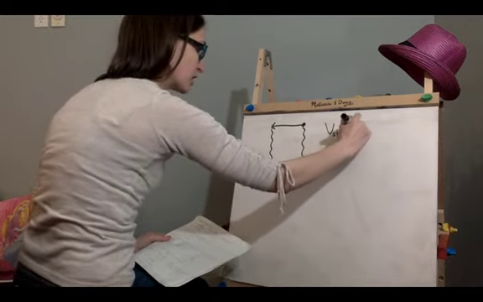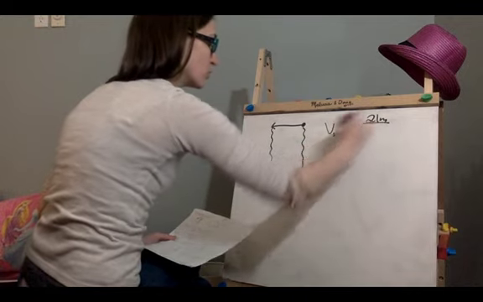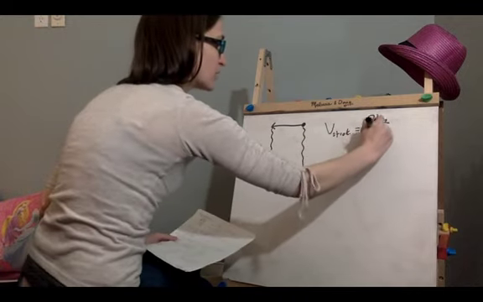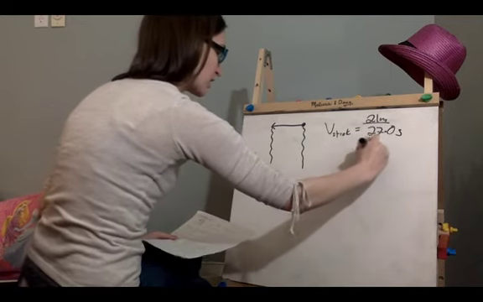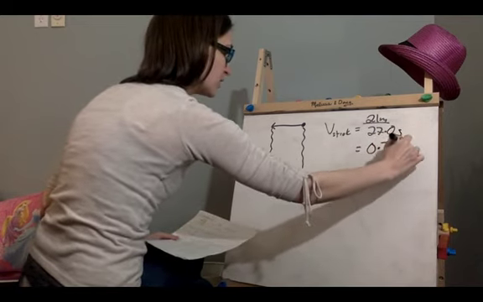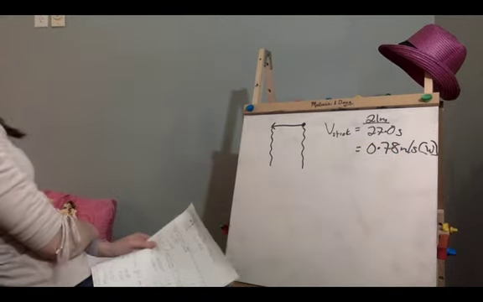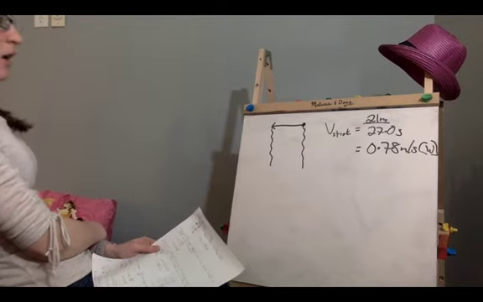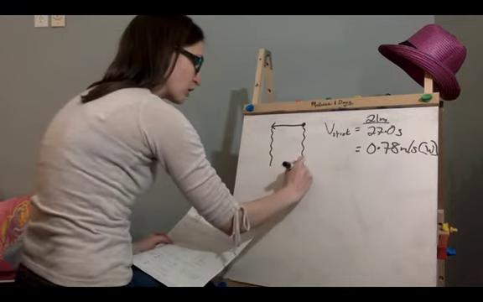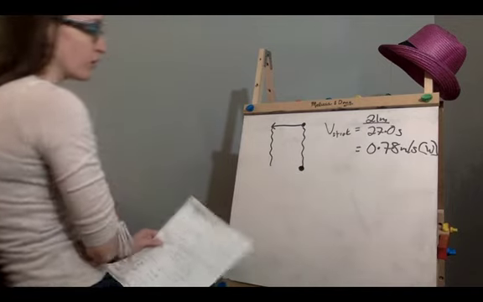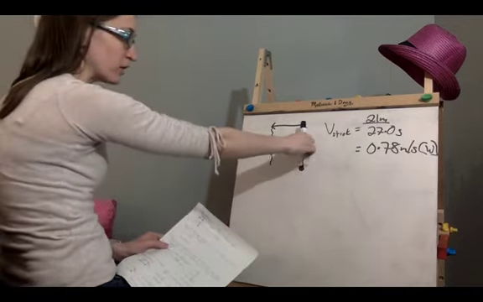Our stick travels 21 meters west in 27 seconds, so the velocity of our stick is 0.78 meters per second in a west direction. Now if our swimmer is here and is trying to cross the river, we have a current that's clearly moving west.